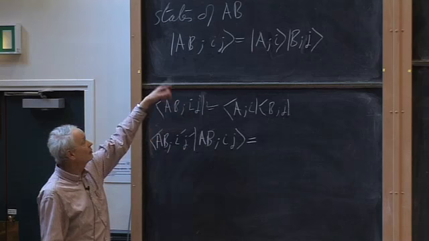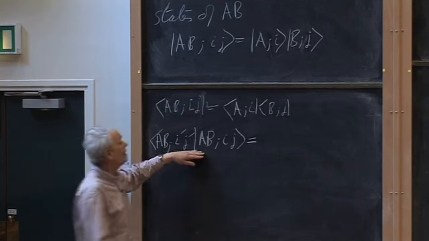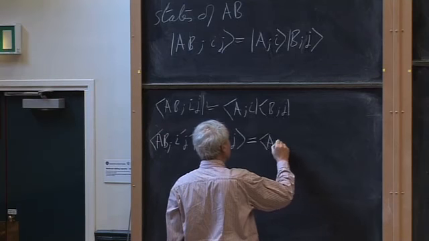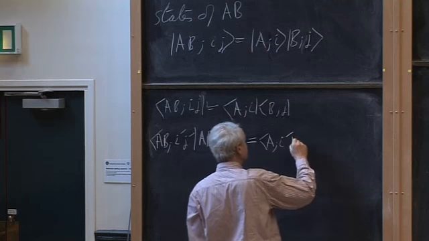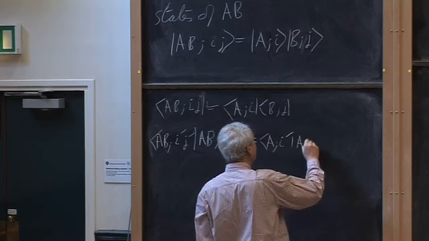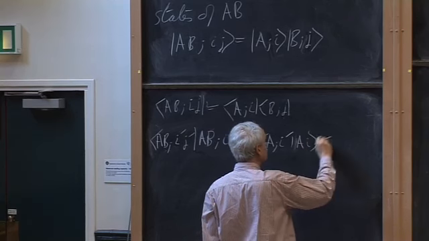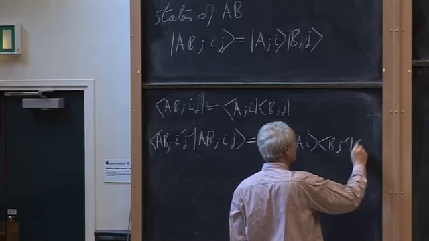To give meaning to all this hocus pocus, I need to explain which complex number. It is this complex number: A_I primed A_I times B_J primed B_J.